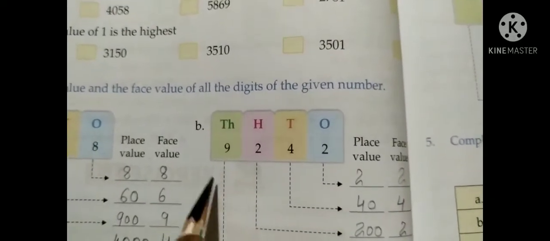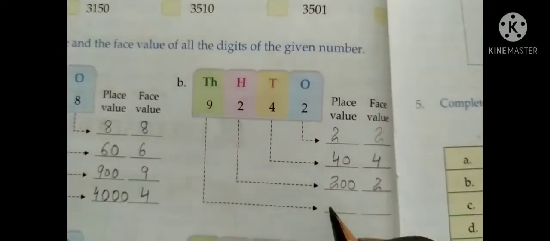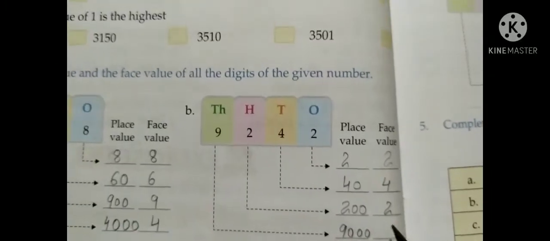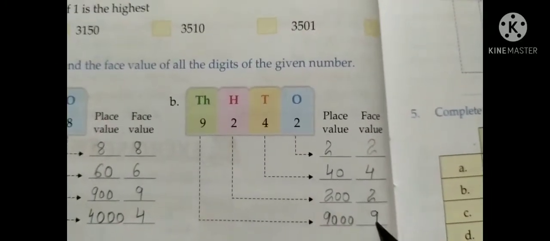Next, 9 is on 1000 place, so 9 into 1000 is 9000, and 9 will be the face value.